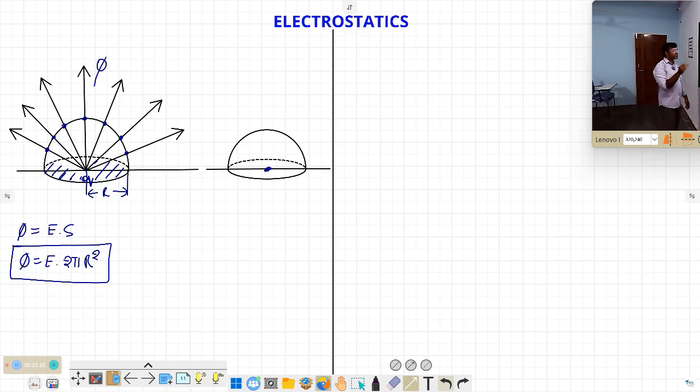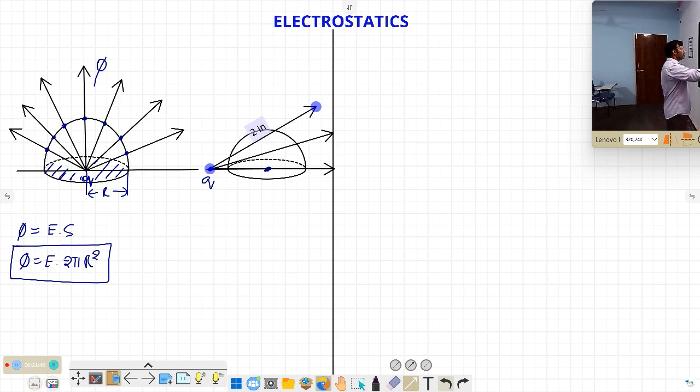Now suppose the charge is not at the center, it is outside. In this case, how do the electric lines pass? One line I can take like this. This is the way the electric lines pass from the base, and the remaining lines will pass like this.